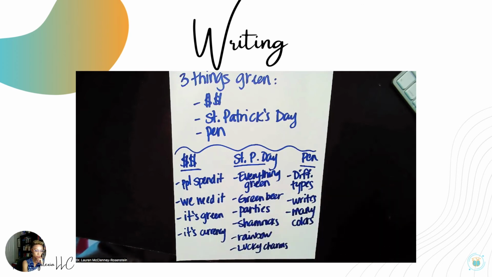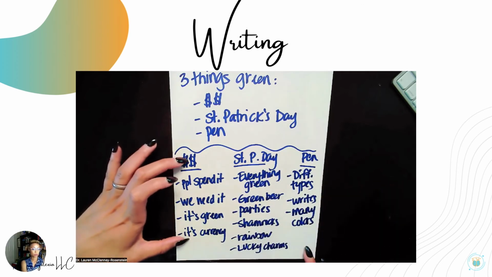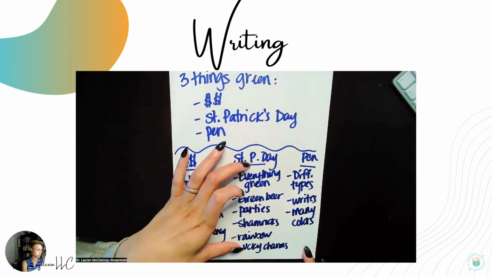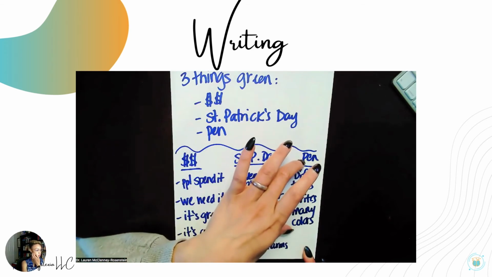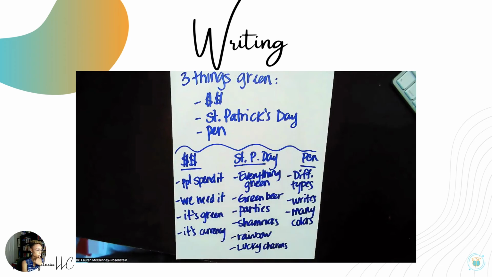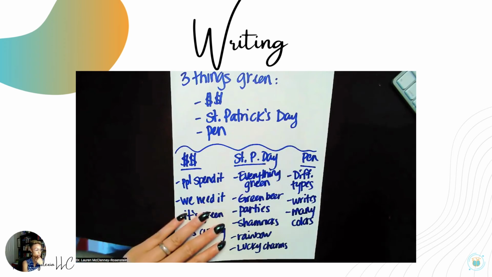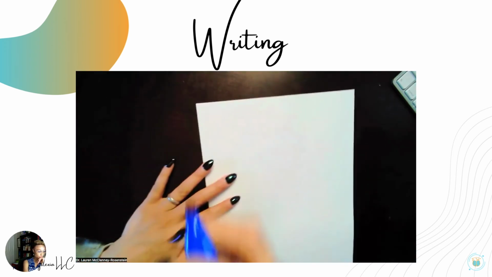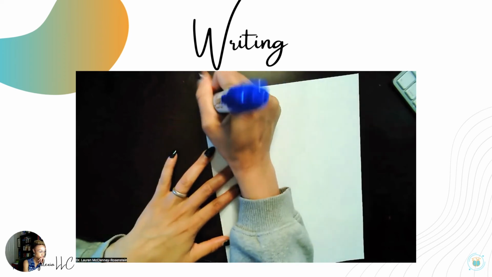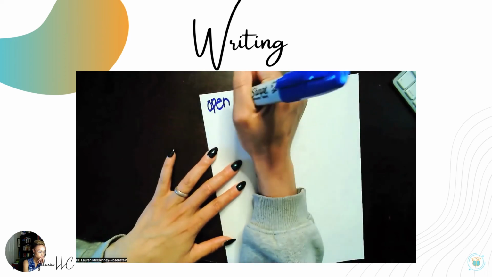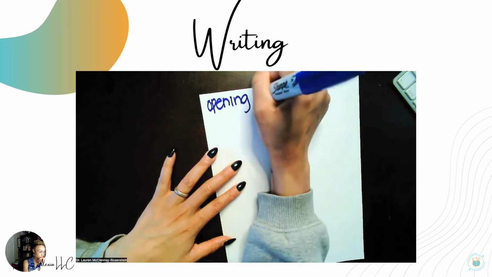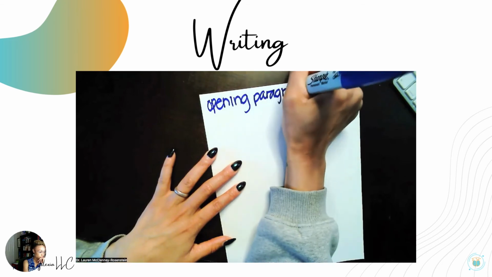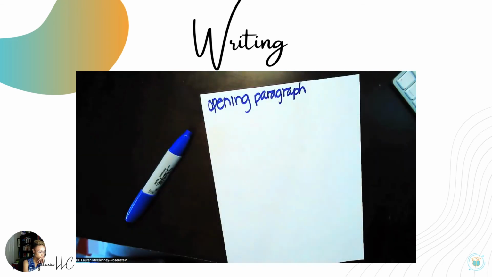So now what you do is, ideally, this is a paragraph, this is a paragraph, this is a paragraph. So how this would work is, we would have an opening paragraph, and then paragraph 1.